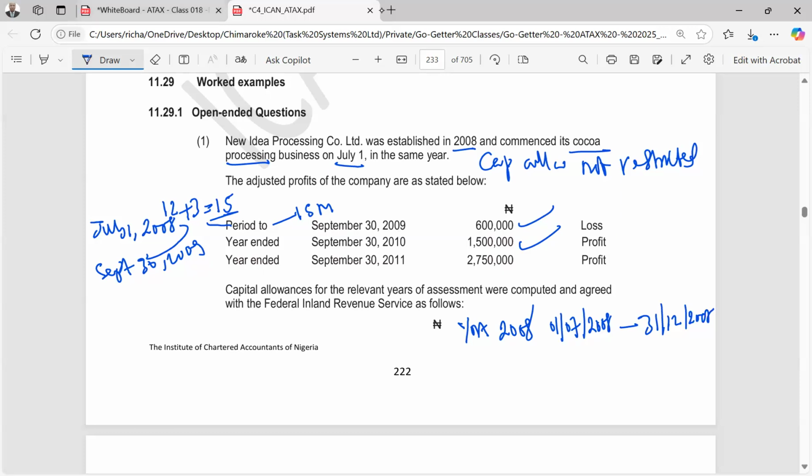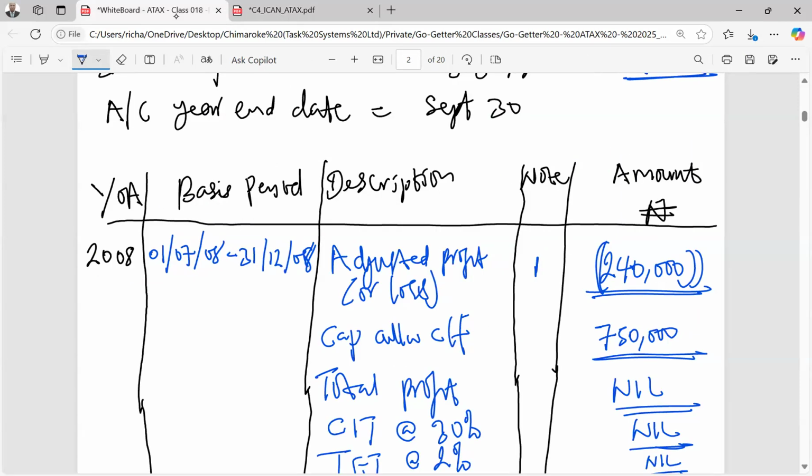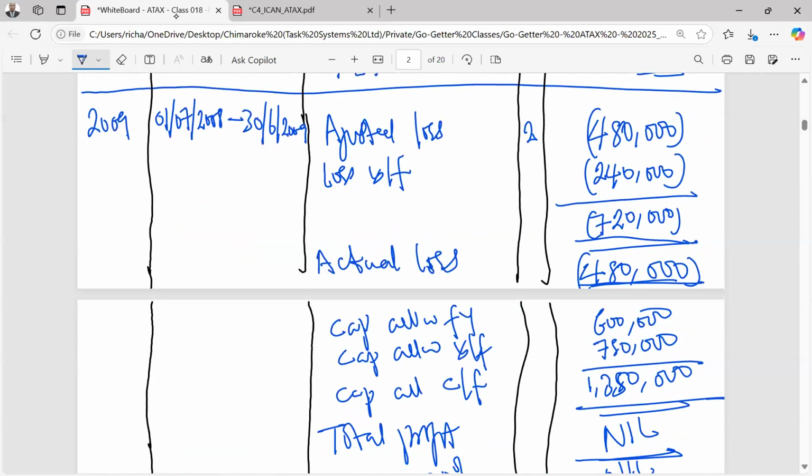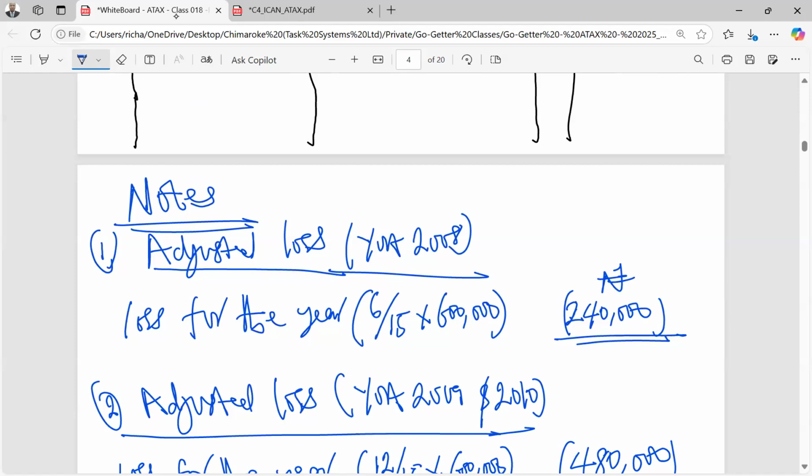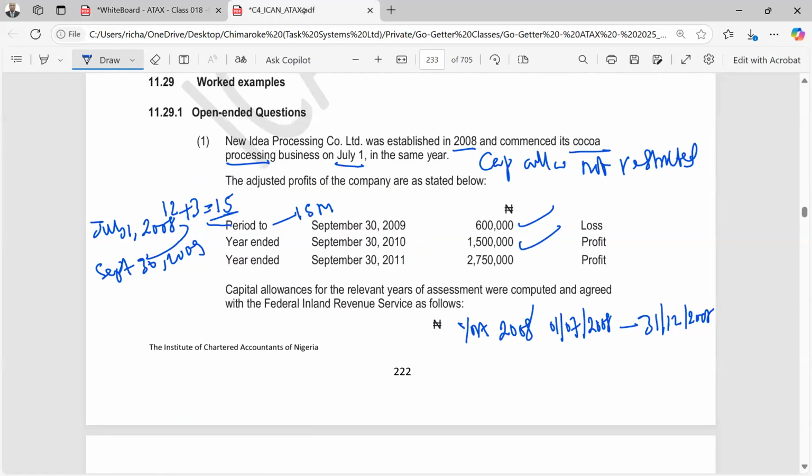And that is what I have here. If you calculate this period, this is 6 months. And that influences why, when we are calculating, we use 6/15.